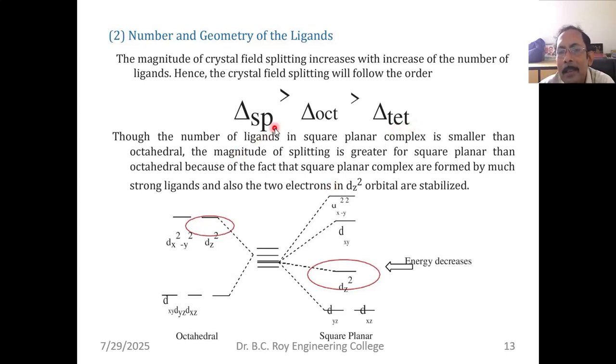In square planar, the bond angle is only 90 degrees, and in octahedral these 4 orbitals are at 90 each, and this one is also perpendicular, but there are total 6 ligands, and in the tetrahedral there are 4 ligands. So octahedral splitting energy is found to be more than the tetrahedral splitting energy, and you can get the total diagram at the bottom.